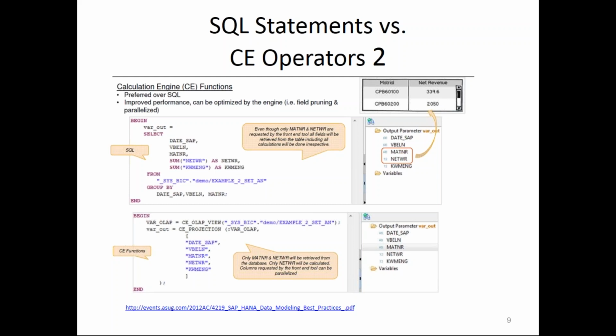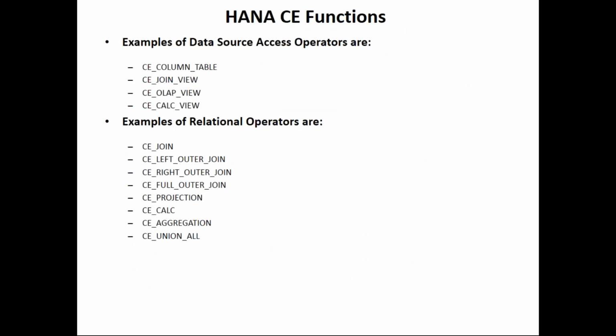While grouping, grouping will happen at table level. There are different CE functions: CE column table, CE join view, CE OLAP view, CE calculation view. And CE joins: left outer join, right outer join, full outer join. These are all CE functions.